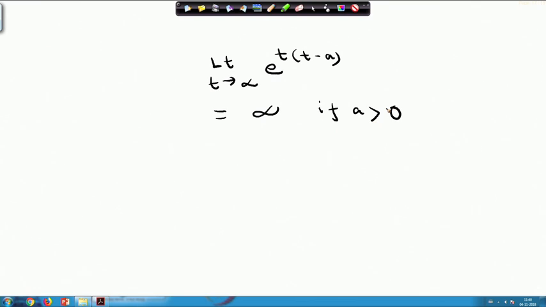So, the limit as t approaches infinity of e power t into t minus a is infinity. So, I can say that the e power t square function is not of exponential order alpha.